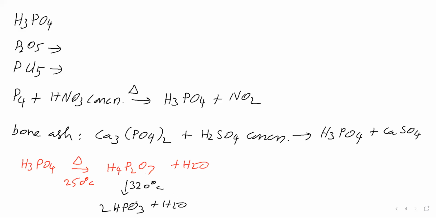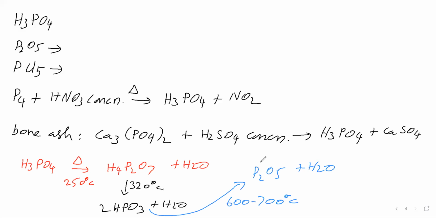This HPO3, on heating to 600 to 700 degrees Celsius, loses water. Take two HPO3, remove water, and what remains is P2O5, phosphorus pentoxide.